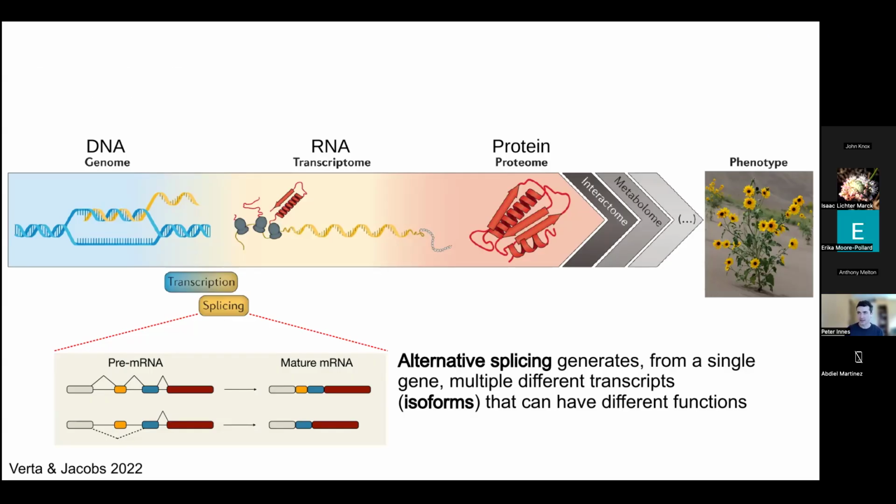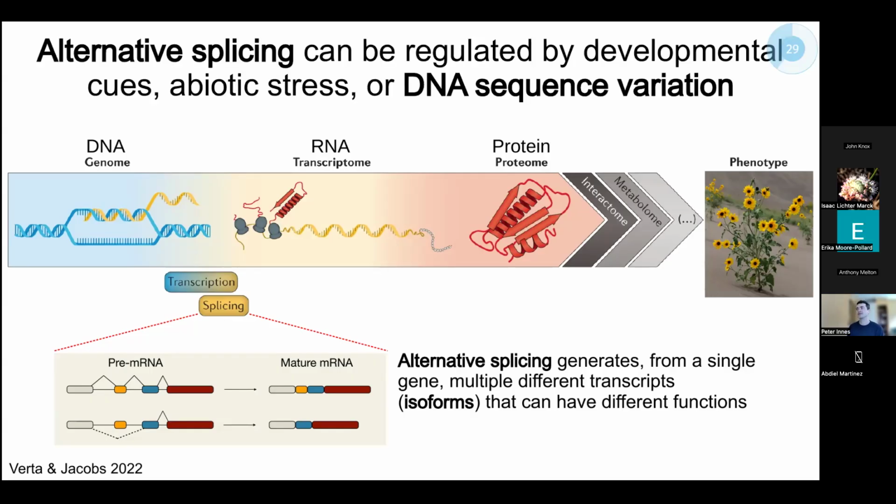This process of alternative splicing is regulated by developmental cues, and in plants, it's really important for transitions like into flowering, for instance. It can also be regulated by abiotic stress. But importantly, for this system, it can be regulated by DNA sequence variations.